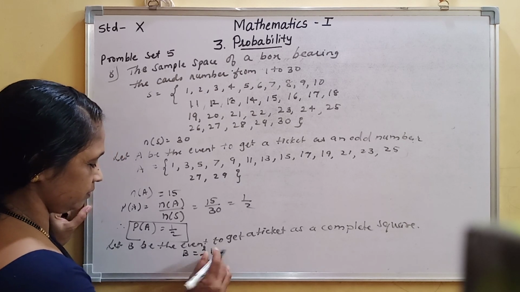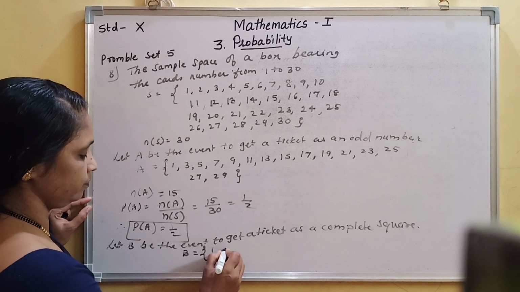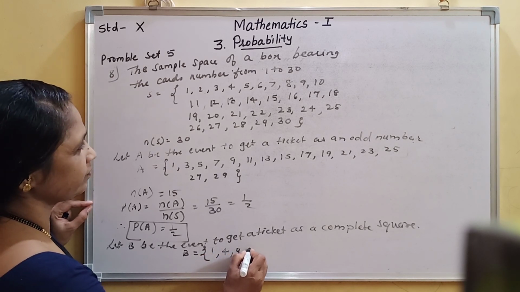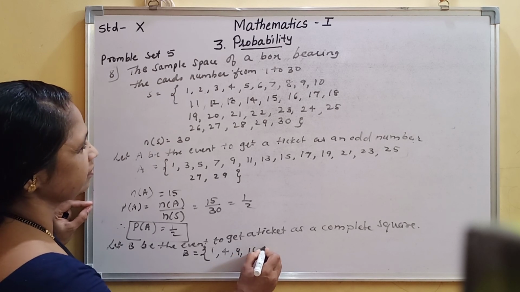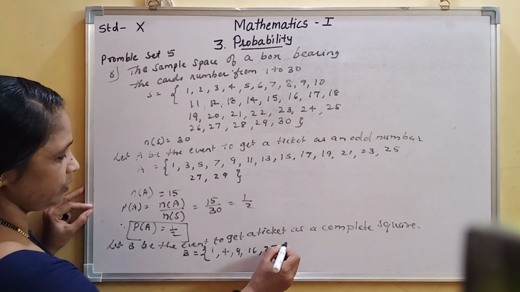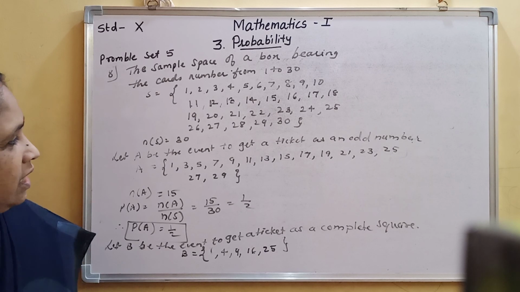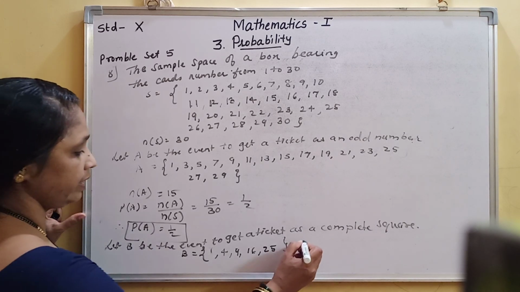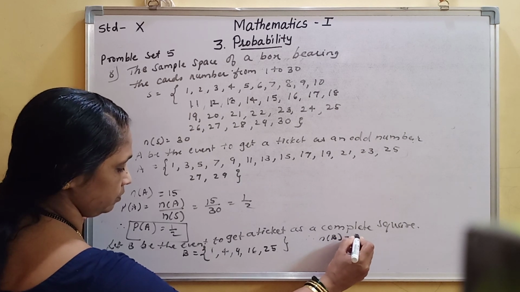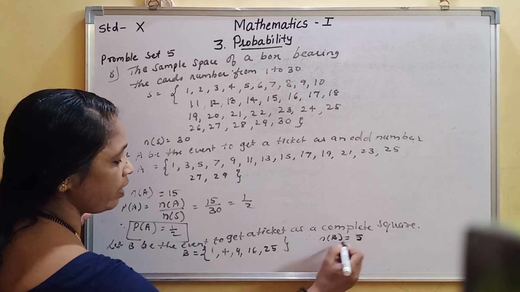So the numbers are 1, 4, 9, 16 and 25. Therefore n(B) will be equal to 5.